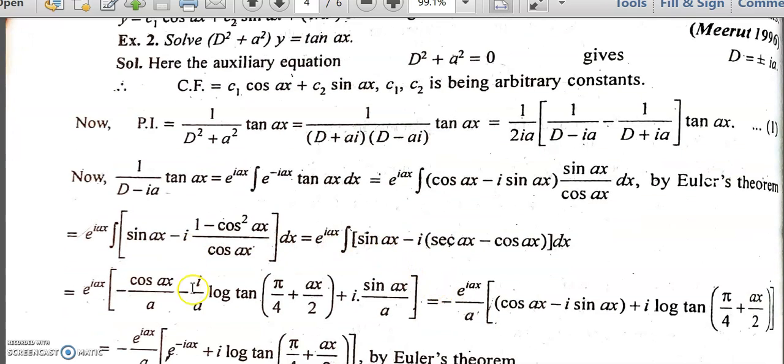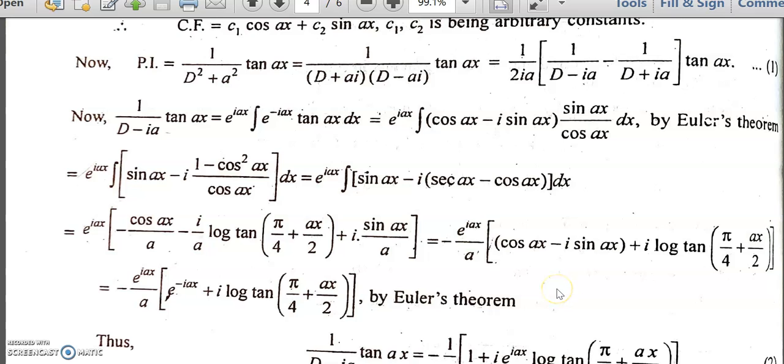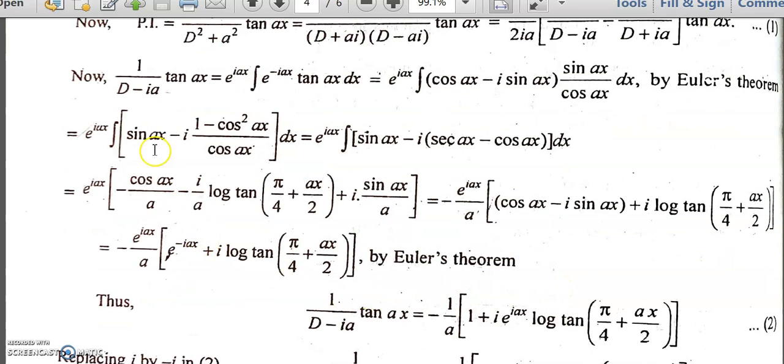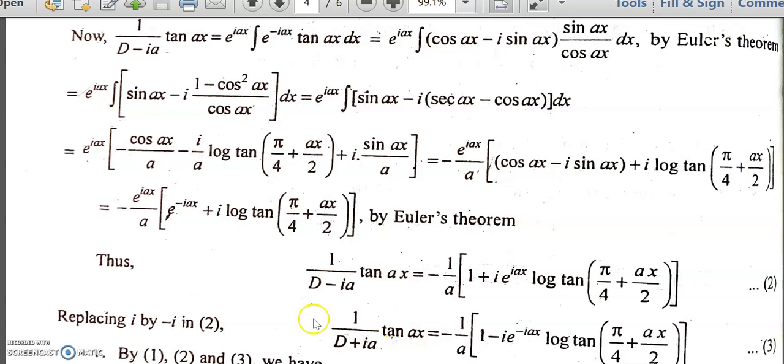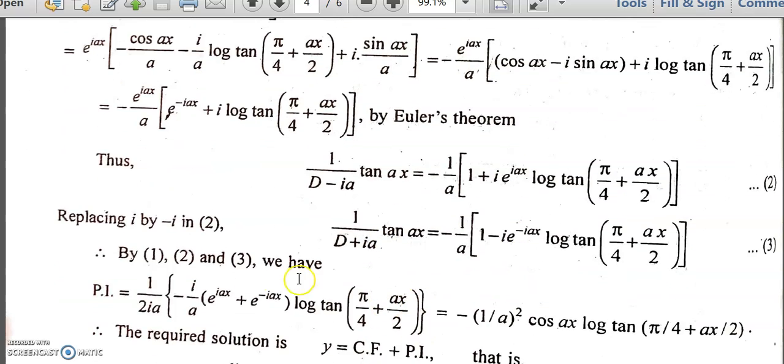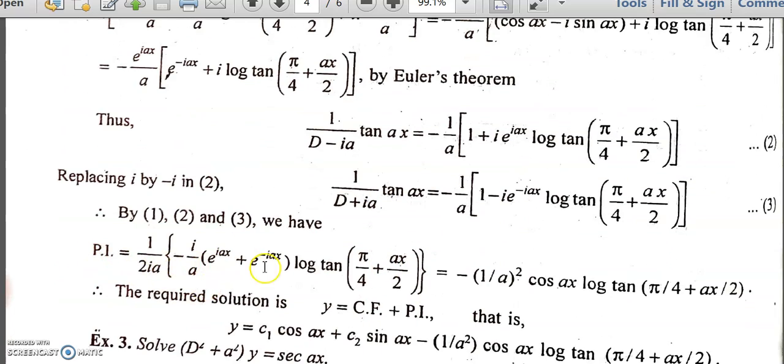After rationalizing, use a formula, and integration formulas, and do some calculations. And for D plus ia you just replace i by minus i, you get D plus ia. Okay, so this way you can find the particular integral.